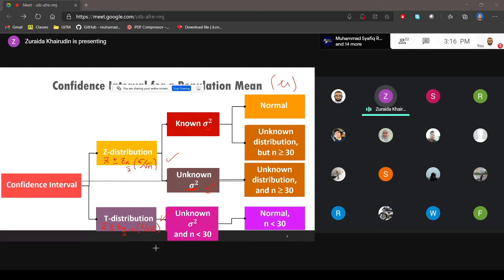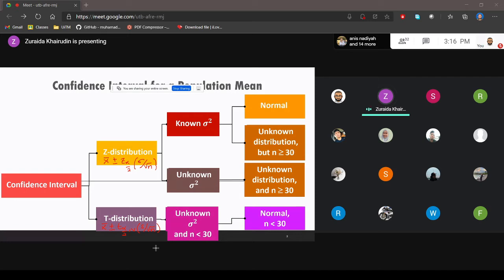So I hope this can be your guidelines. But if you only know value of S square, tapi your sample size is 30 or more, you also use Z test, Z distribution. And then for T distribution, you only use this when you have unknown sigma square. That means you only have value for S square and the sample size is less than 30. Then you use T test.